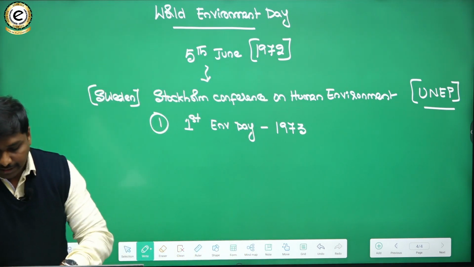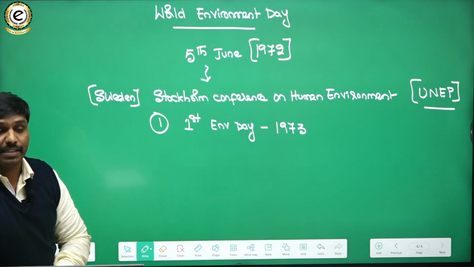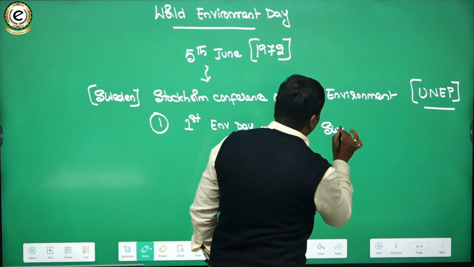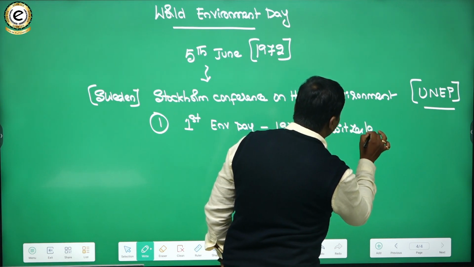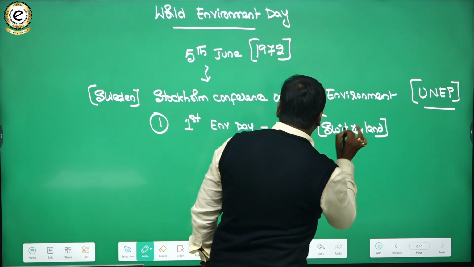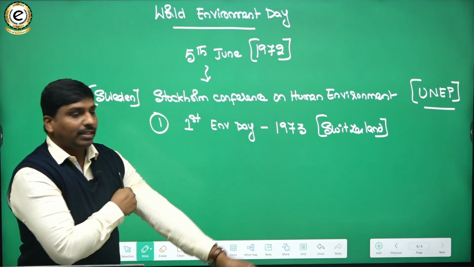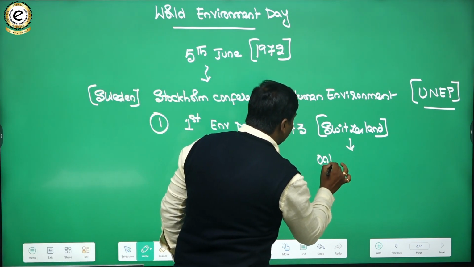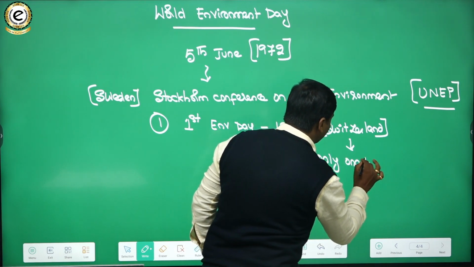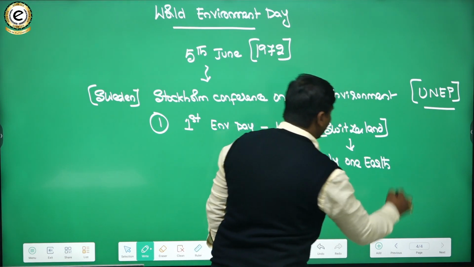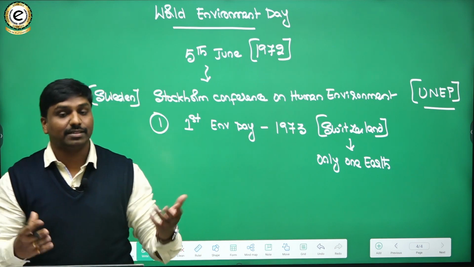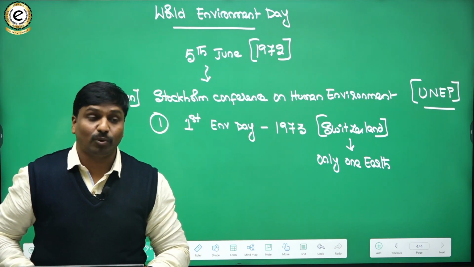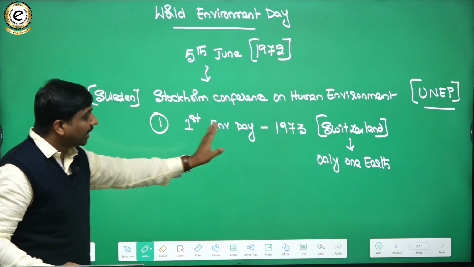The first one was celebrated in Switzerland, and the theme was Only One Earth. As we have only one Earth, that is a living planet, we have to protect and conserve it. So that was the theme. This happened in 1973.